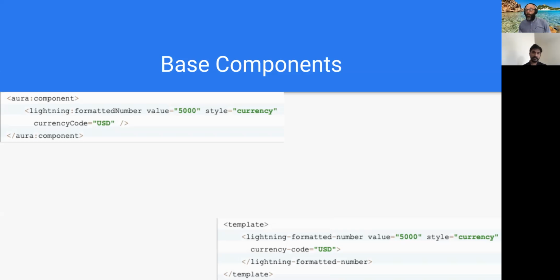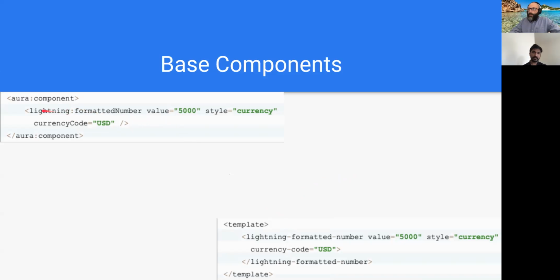So a Lightning Web Component cannot contain an Aura component. However, an Aura component can contain a web component. So the question that maybe pops into our mind is, but then what about the base components? Well, they are still available, but they need to be called in a slightly different way.